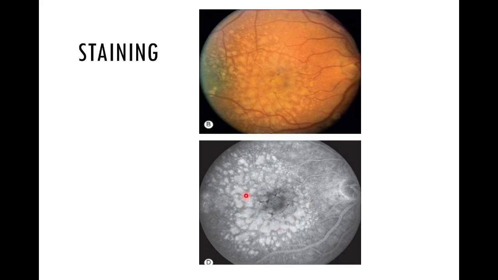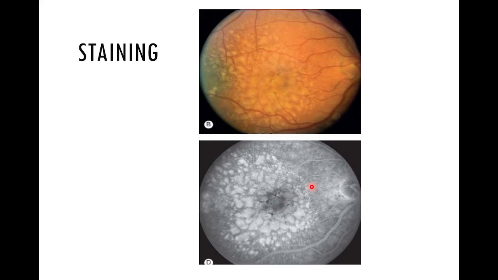Now, we may get confused whether it is staining or due to window defect. The basic difference is this. Window defect means the window is the retinal pigment epithelium. Since the window is not there, we are able to see whatever is next to the window. That is the choroidal circulation. So, window defect means hyperfluorescence is seen in the early phase, but gradually as the dye gets cleared from the choroidal circulation, fading of the hyperfluorescence is noted.